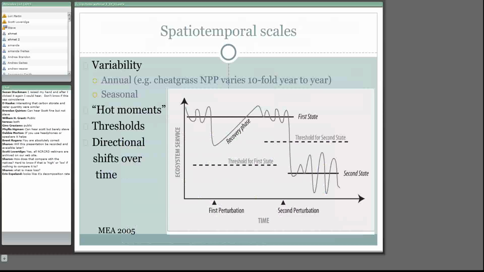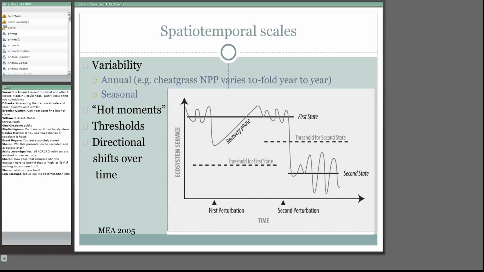annual and seasonal, an example is cheatgrass net primary productivity. It varies tenfold year to year, but if we look at the figure, we can see that with the first perturbation, second perturbation, or disturbance, there are different reactions that occur during these different times.